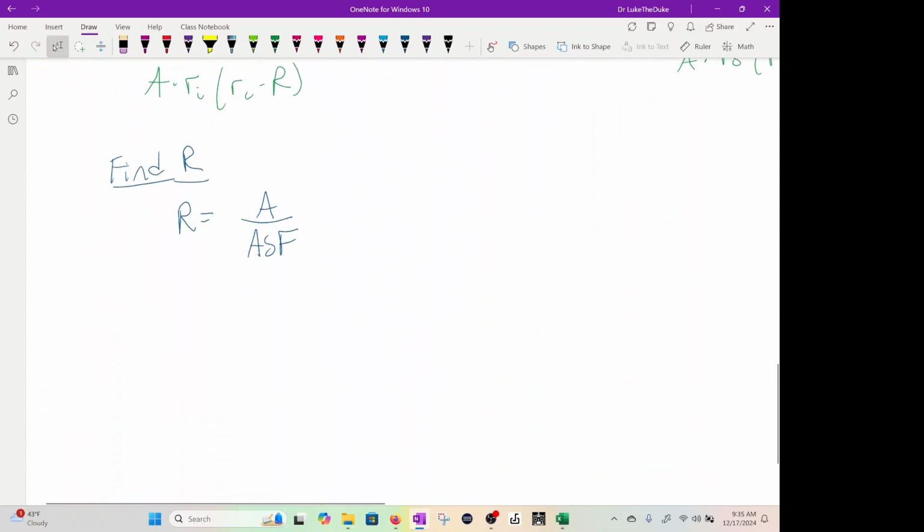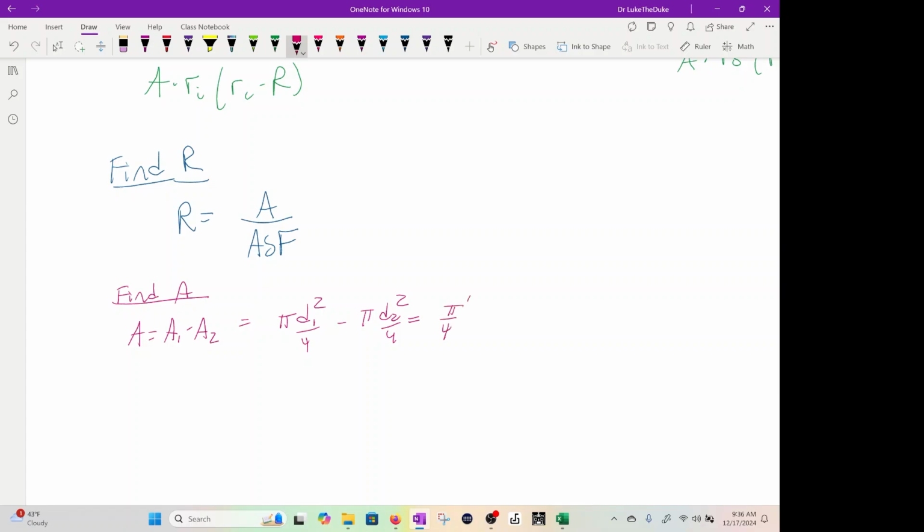All right, so let's go ahead and find A. A is going to be A1 minus A2 because it's a hollow pipe: pi D1 squared over 4 minus pi D2 squared over 4. We get pi over 4 times 10 millimeters squared minus 6 millimeters squared, and the area becomes 50.3 millimeters squared, or 5.03 e to the minus 5 meters squared.